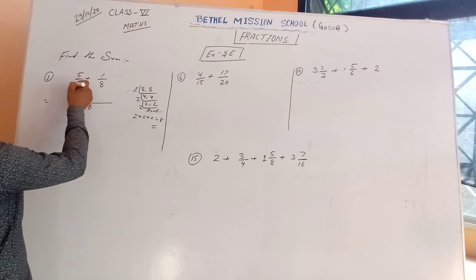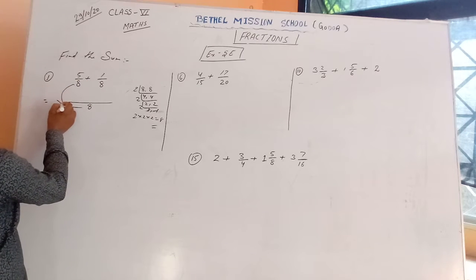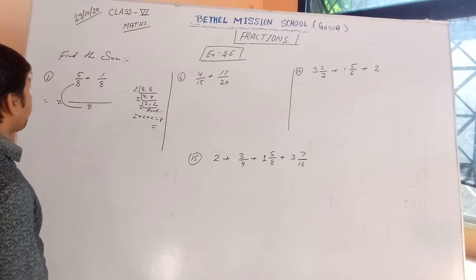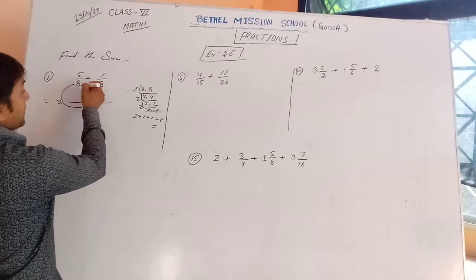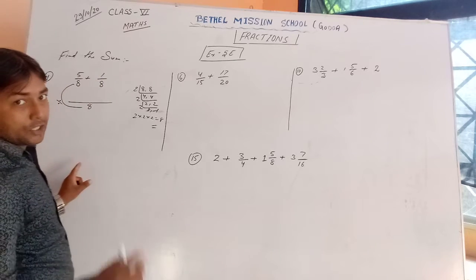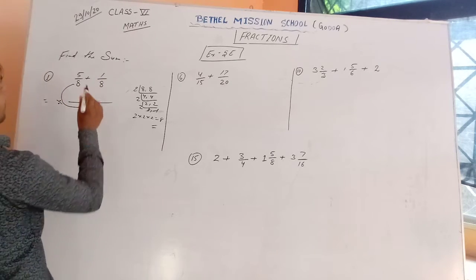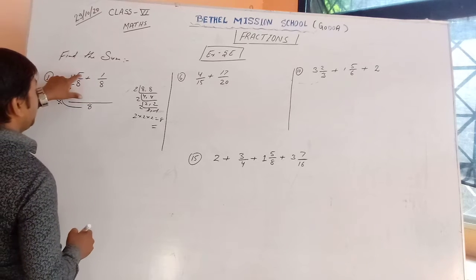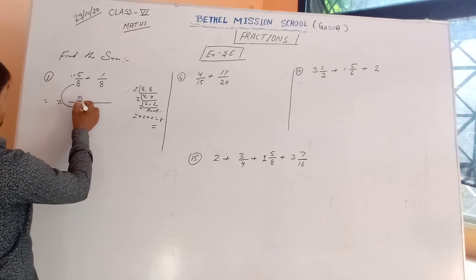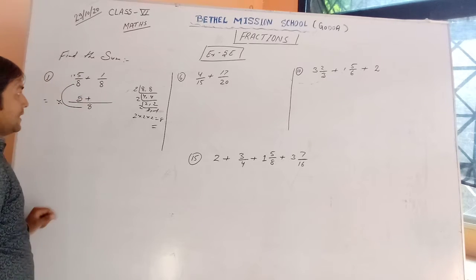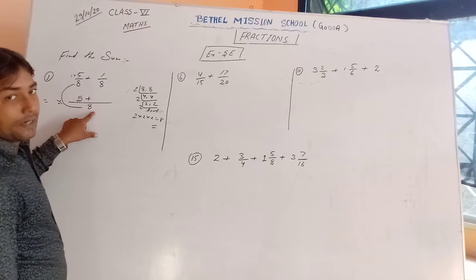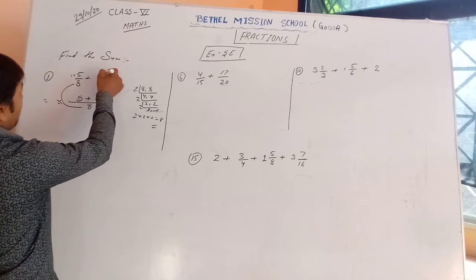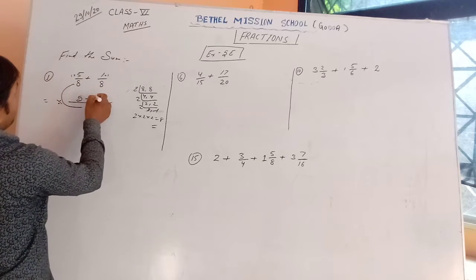Now you have to divide with the denominator first. 8 divided by 8, you will get 1, and with the 1 you have to multiply by 5. 1 multiplied by 5 would be 5, and now plus again 8 divided by 8, you will get 1, and 1 multiplied by 1 is 1.